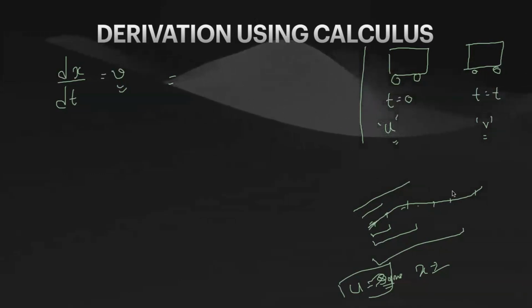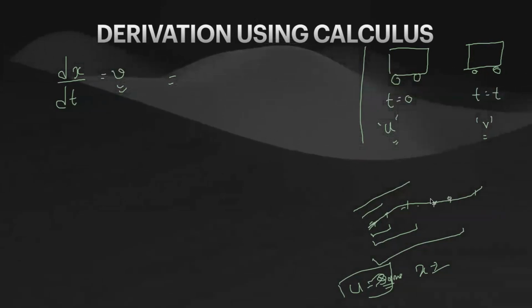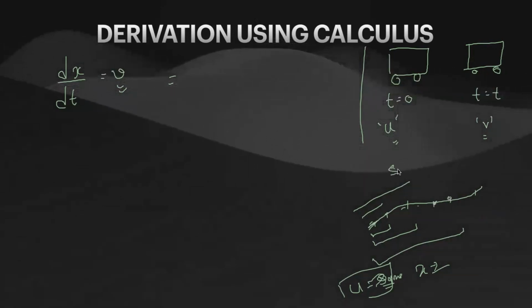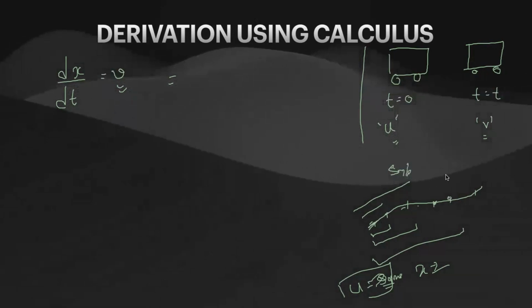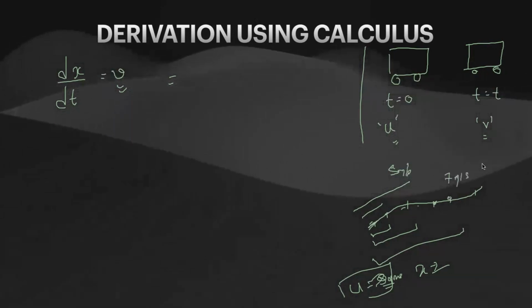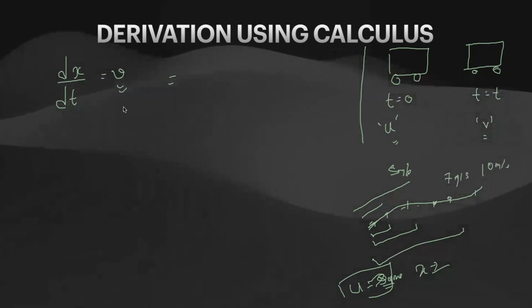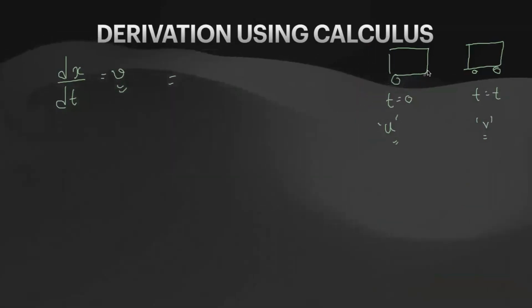Need not be. Assume here it is 5 meter per second, here it can be 7 meter per second, here it can be 10 meter per second. So it is changing. So this should be final velocity. Now let us actually go through the derivation using the calculus method.